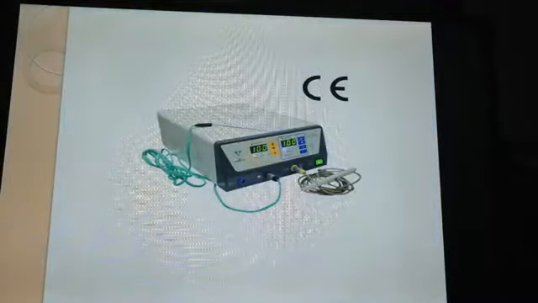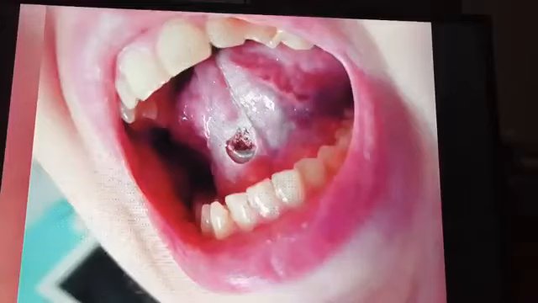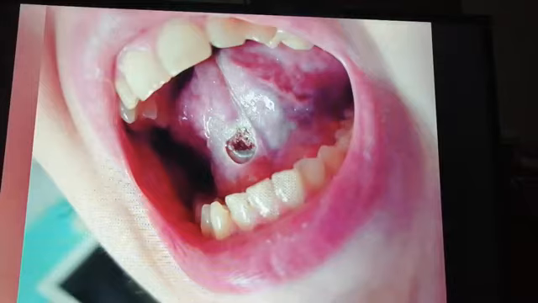This is the cautery machine. This picture shows a lesion at the floor of the mouth, with the floor and the tongue.